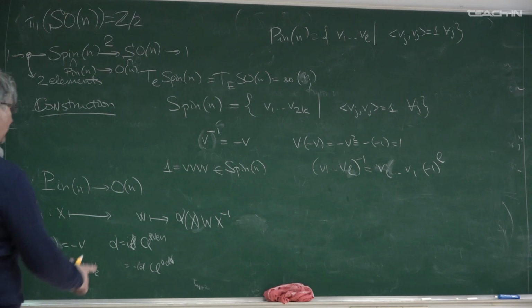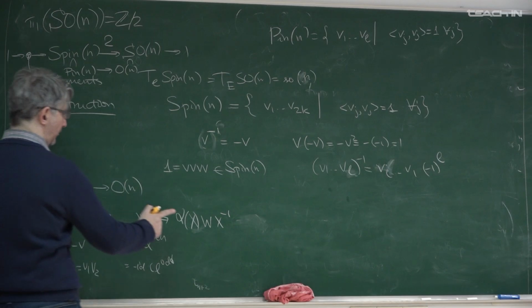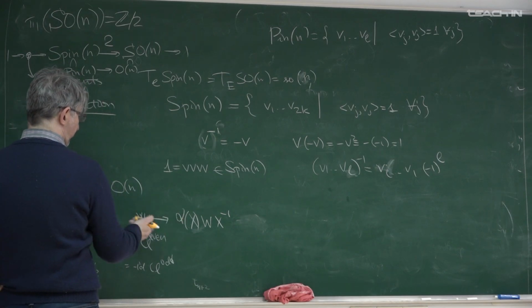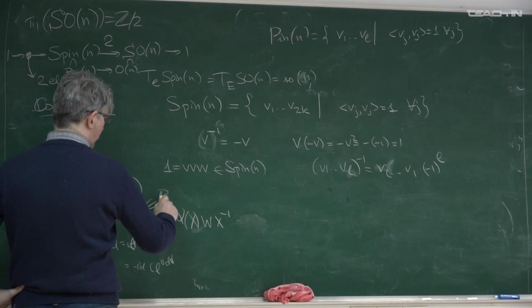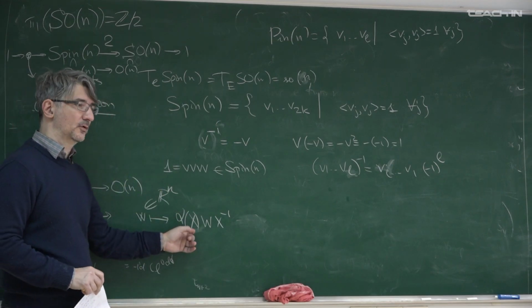So this is a map from elements of the pin group to operators in Rn. What I want to check?